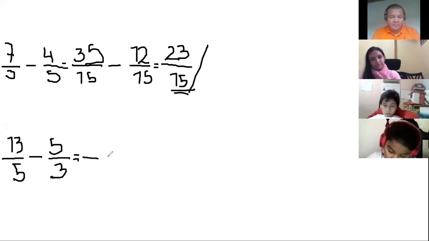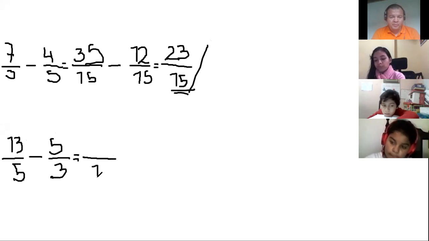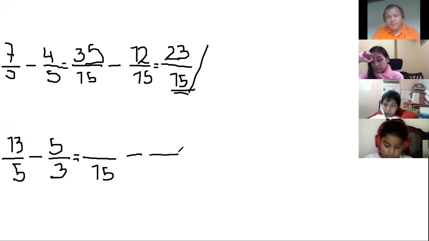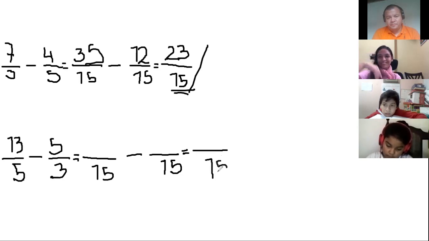So my least common multiple, a common denominator, again, 15. And my last result will be 15 too. So I have to multiply 13 times 3.